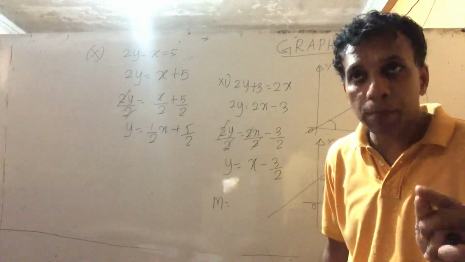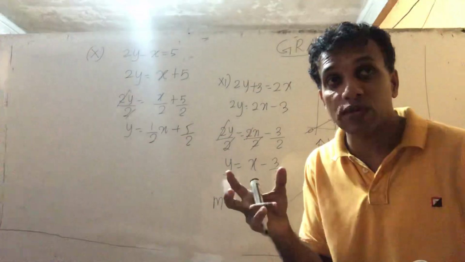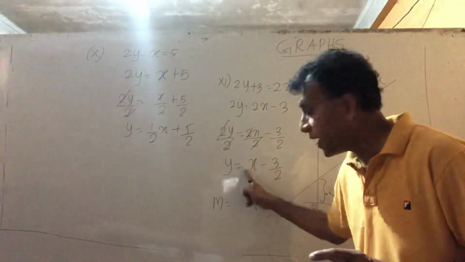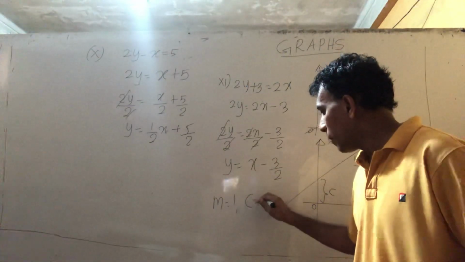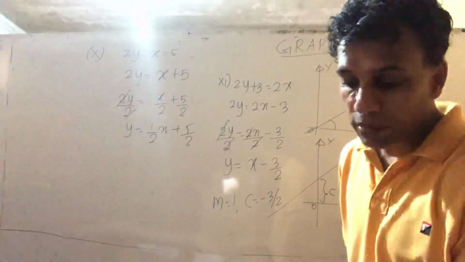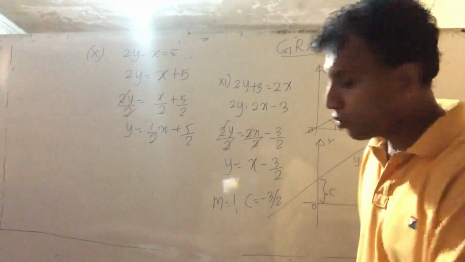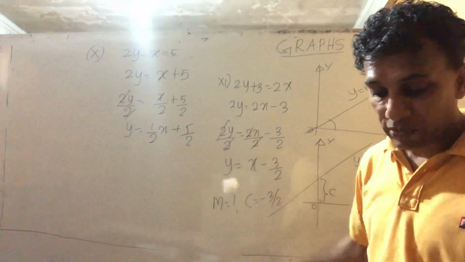M is a number, a numerical value. Some say 0, m is 0. No, m is 1 by 2, the coefficient of x. So c equal minus 3 by 2, that means minus 1.5. If we draw that graph, it cuts the y-axis at that point.